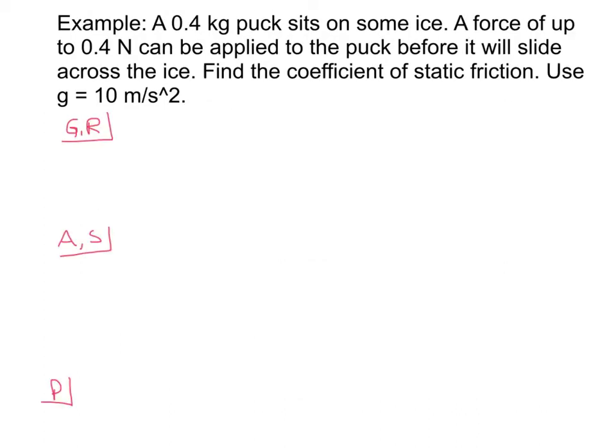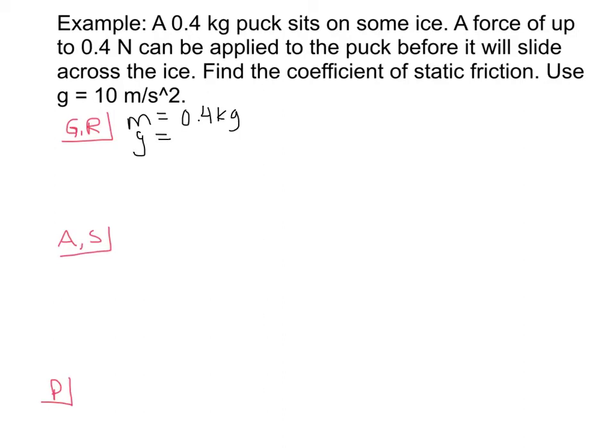We're going to do an example problem. So here we have a 0.4 kilogram puck sits on some ice. A force of up to 0.4 newtons can be applied to the puck before it will slide across the ice. Find the coefficient of static friction. And we're going to use acceleration due to gravity of 10 meters per second squared. So let's list our givens and required. The mass.